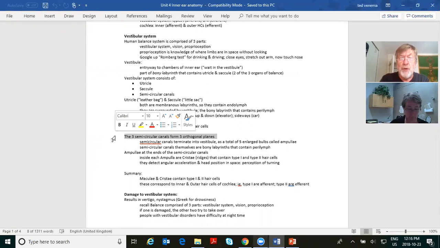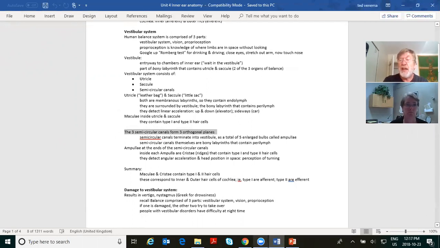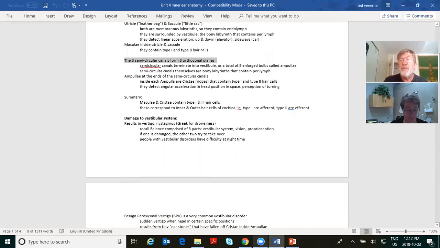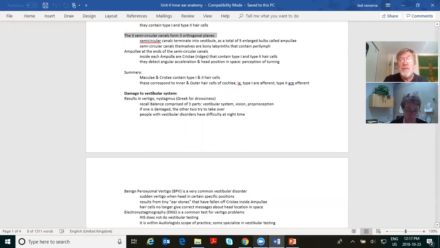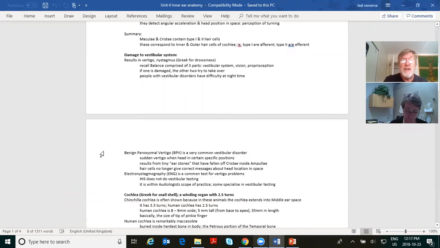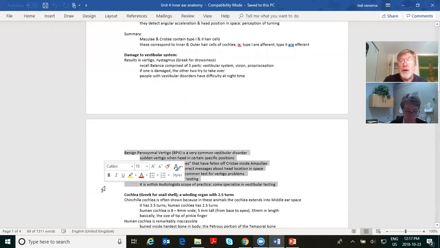Orthogonal, be sure you know what that is. Don't worry too much about the ear stones and all of that. Ampullae, maculae, utricle. You should know what utricle and saccule are. Know what the word nystagmus means. That's the following tracking of the eyes. And know what BPV is. ENG. Know what these are.